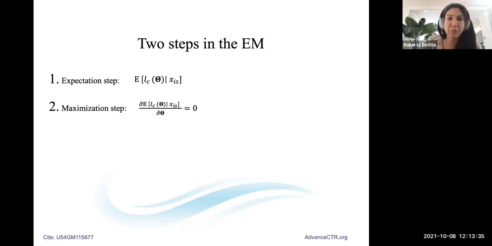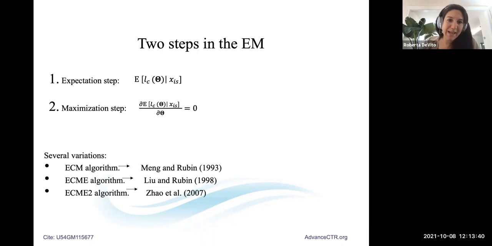Of course, with the multi-study factor analysis, we have many parameters. So sometimes we need some variation of the EM, and we decided to go with this ECM algorithm. The ECM algorithm is exactly the same for the expected value, but it's a little bit different for the maximization step.